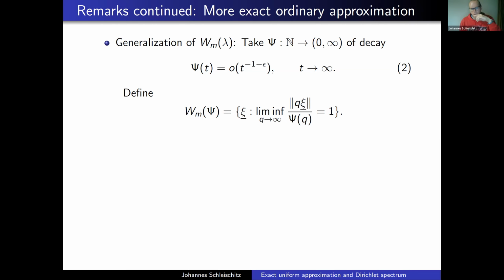Yeah, that's a good point. I didn't want to mention it because I thought the talk was already so overloaded. But in the appendix of the paper, I talk a bit about the case of one linear form.